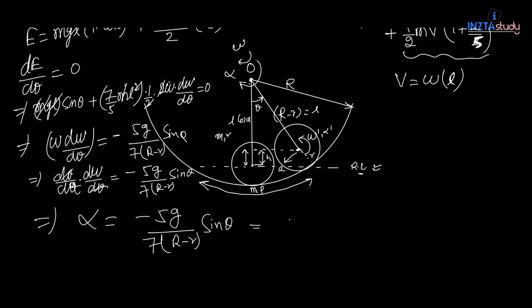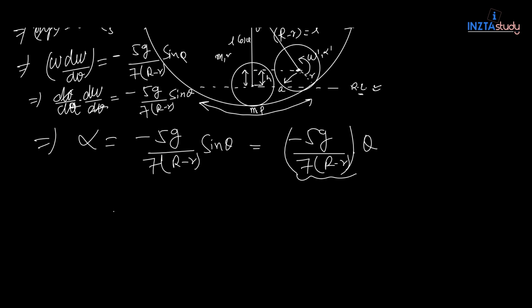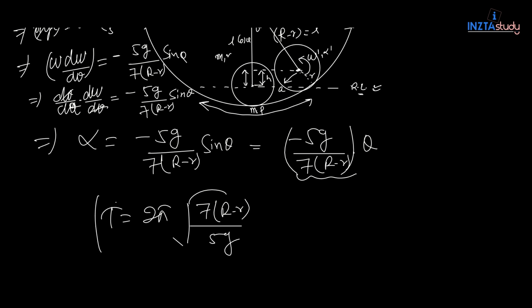If theta is small, it becomes minus 5g upon 7 (R minus r) into theta. So now we have omega square, and the time period will become 2 pi root under 7 (R minus r) upon 5g.